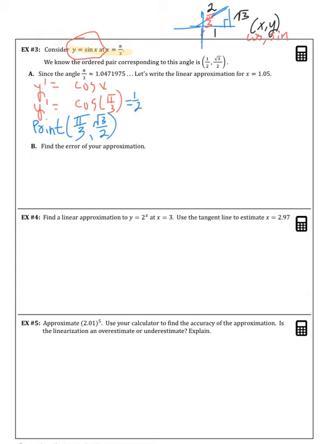So now we have a point and a slope, and so we can use y minus our y value, radical 3 over 2, equals our slope, 1/2, times x minus our x value, pi over 3. All right, we're going to solve this equation for y, but first I have to distribute that 1/2.